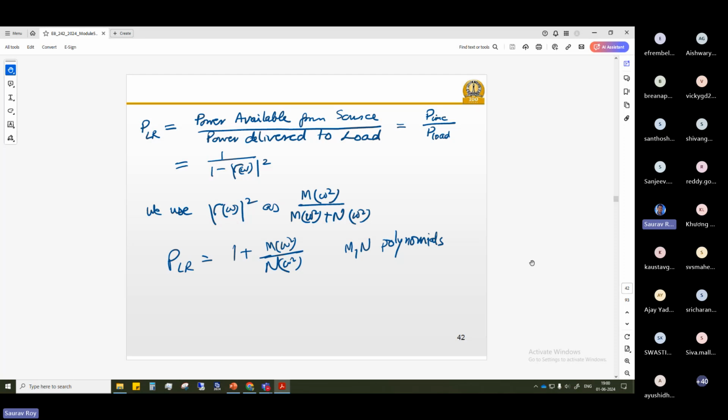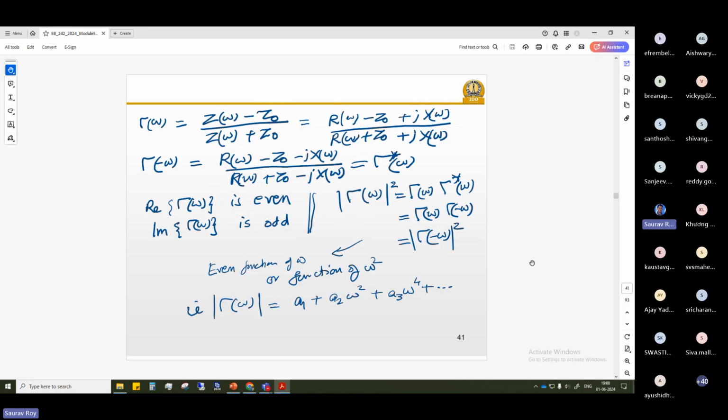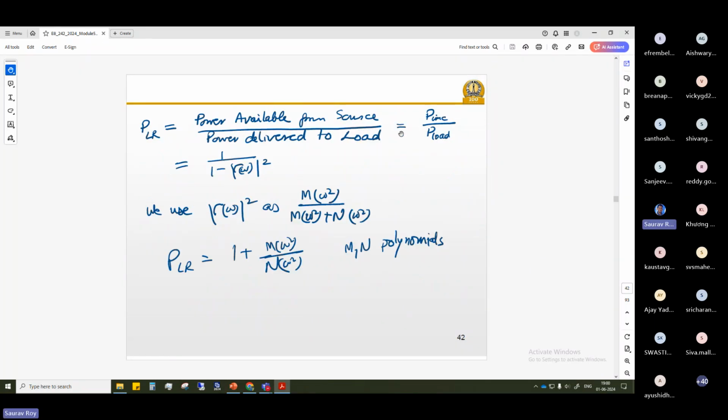Because gamma square is a function of omega square, you can extend it in terms of two defined functions, M and N, which are both functions of omega square. If you expand this PLR, the loss ratio of power or insertion loss, it becomes 1 plus some function of omega square in the numerator and some function N in the denominator.